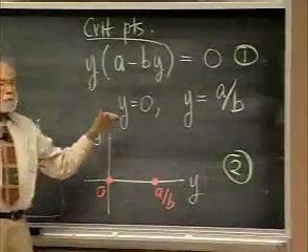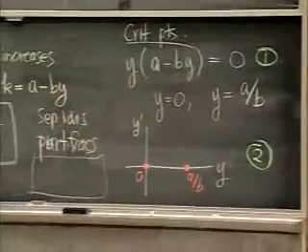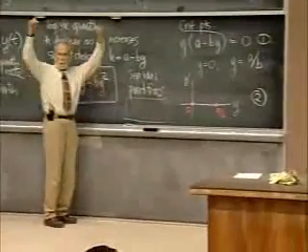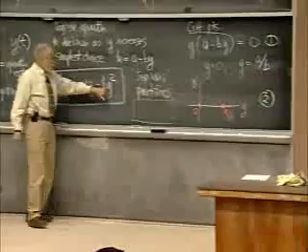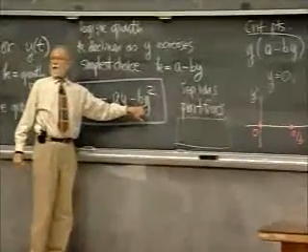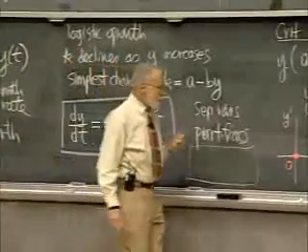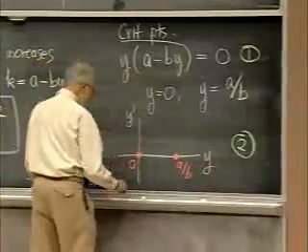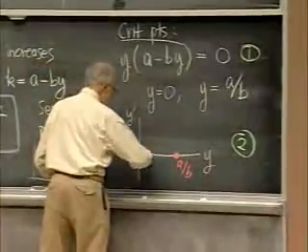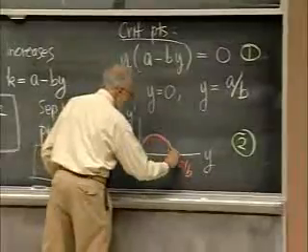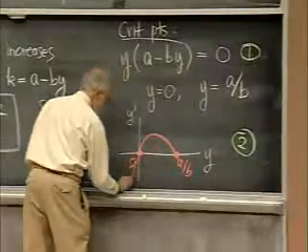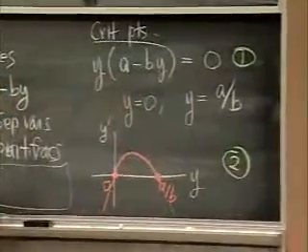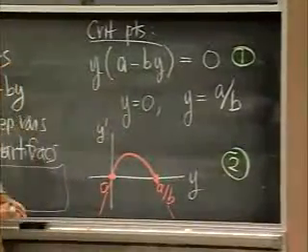Well, in between, it's a parabola. It's a quadratic function. Does it go up or does it go down? Well, when y is very large, it's very negative. That means it must be a downward opening parabola, and therefore this curve looks like this. So I'm interested in knowing where is it positive and where is it negative.